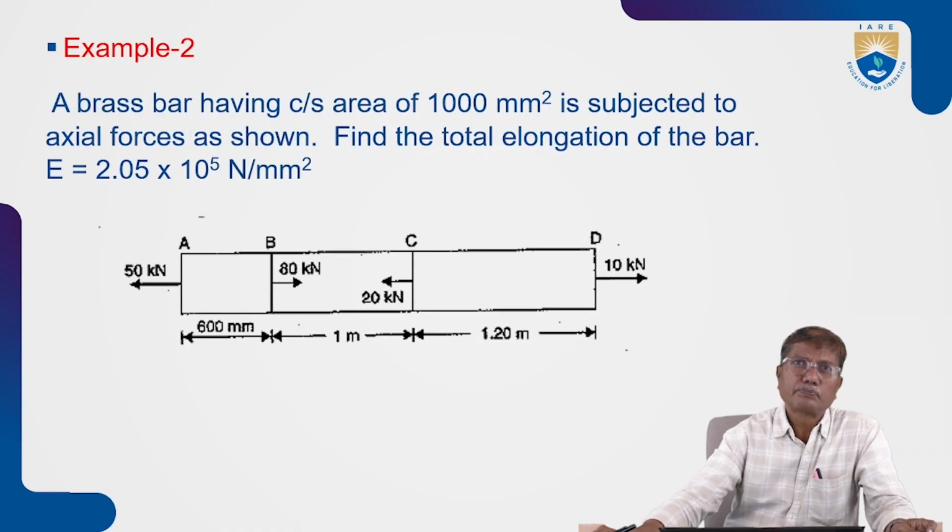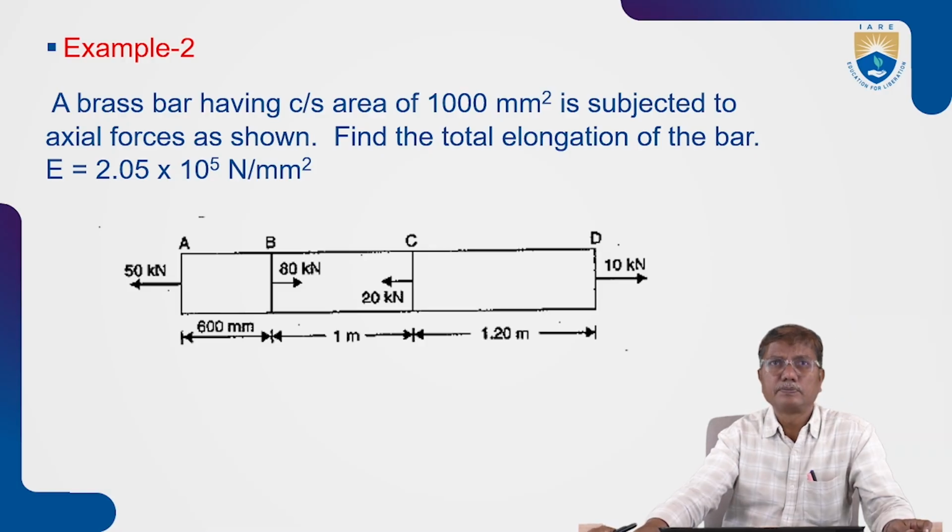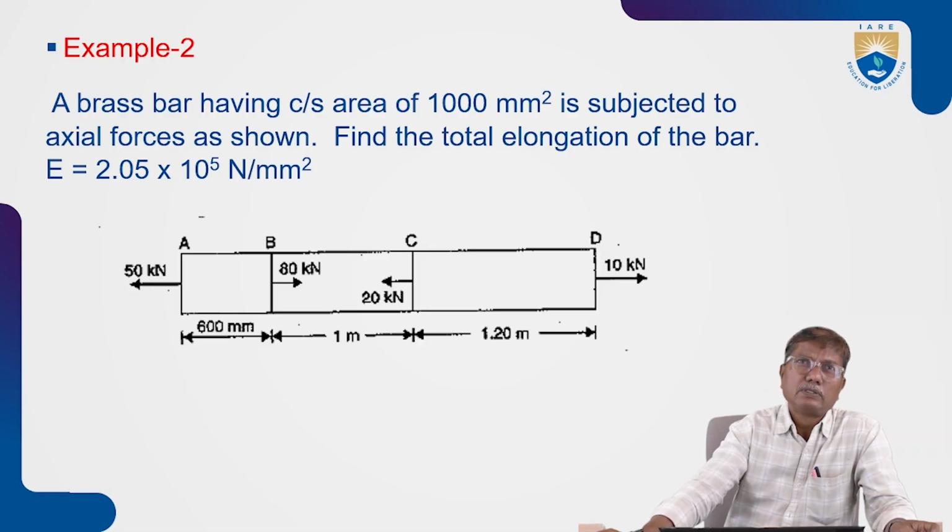So here, in the previous cases we have seen a constant force acting, that means the stress being constant throughout. But here, by seeing the figure, it is clear that the forces are applied at different sections A, B, C and D along the length of the member.